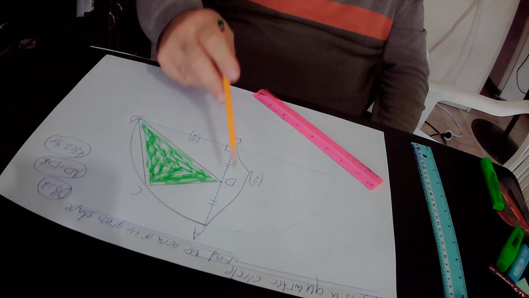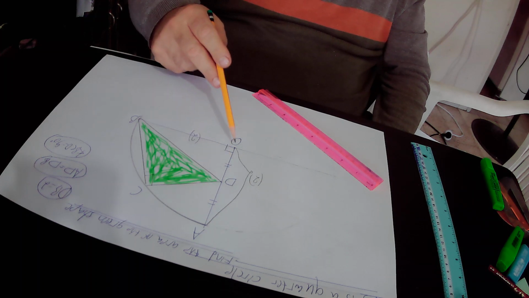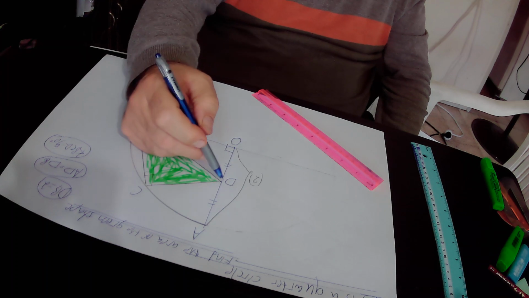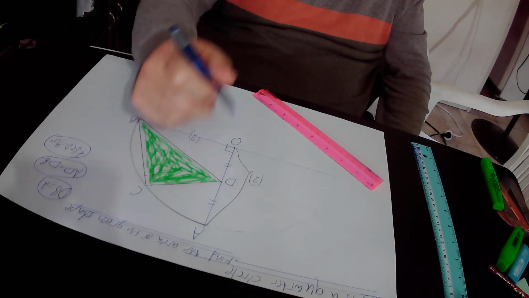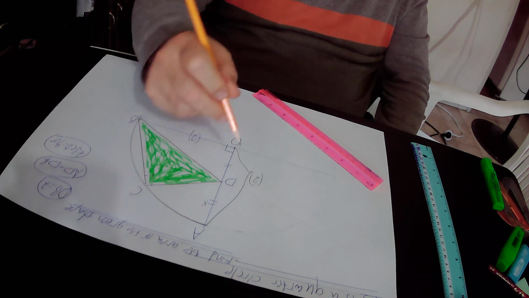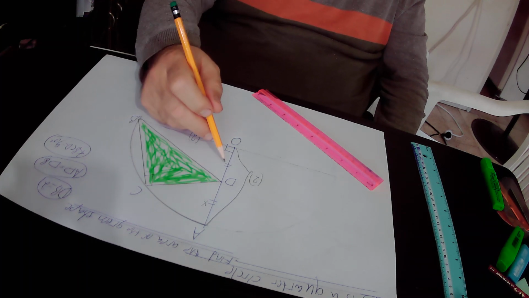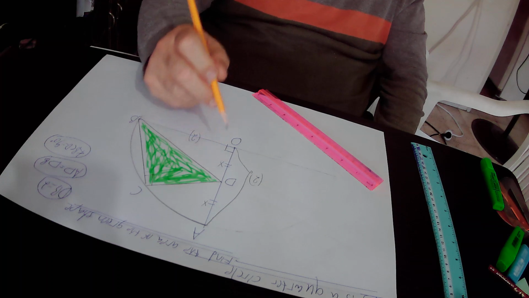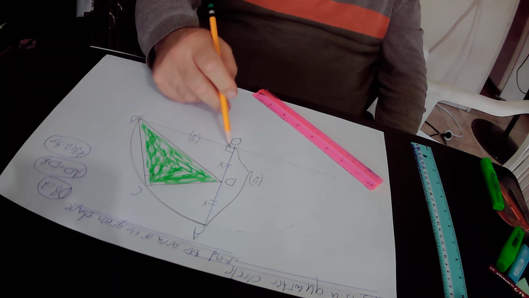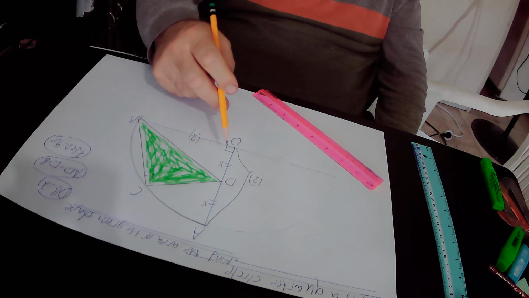We know that line segment AD equals line segment DO. So if we define the length of this line segment AD as X, then the length of line segment DO must also be equal to X because they are equal to each other. So AD plus DO equals AO.